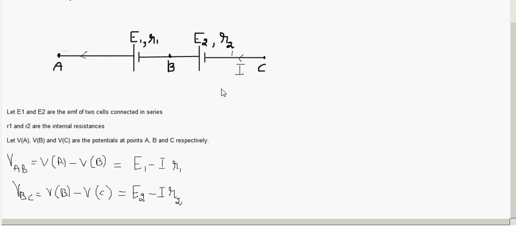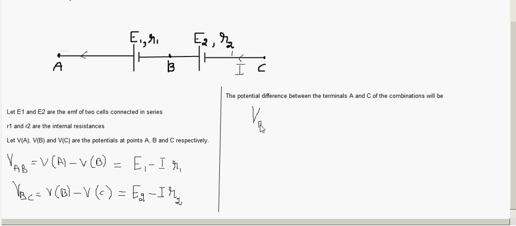Now the potential difference between the terminals A and C of the combination will be VAC, which is equal to VA minus VC.